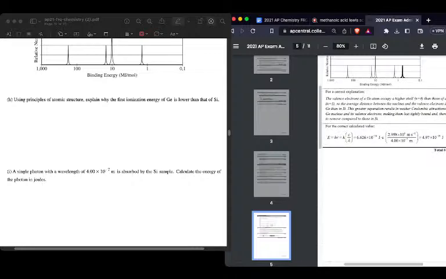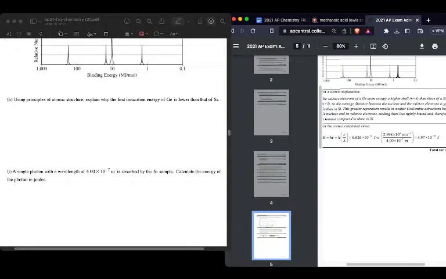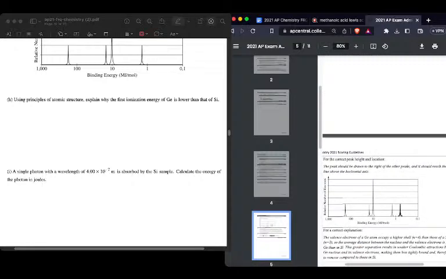The valence electrons of Ge occupy a higher shell, so the average distance between the nucleus and the valence electrons is greater. Greater separation results in weaker Coulombic attractions between the Ge nucleus and them, making them less tightly bound and therefore easier to remove. So I basically said that because of the average distance, and I said atomic radius.